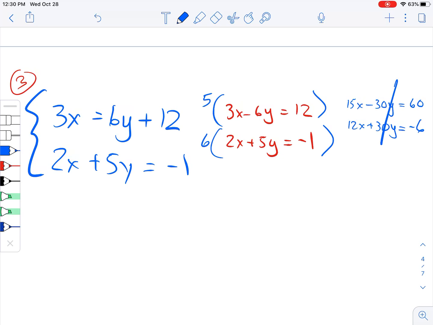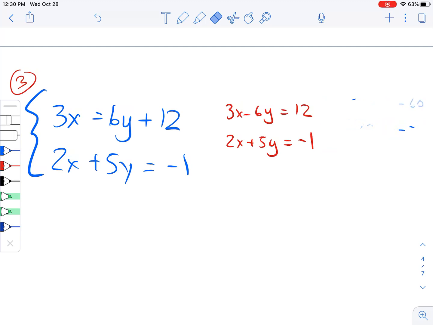You could also approach this differently. You could multiply the top by 2 and the bottom by 3. That would give you the ability to subtract and eliminate the x values.